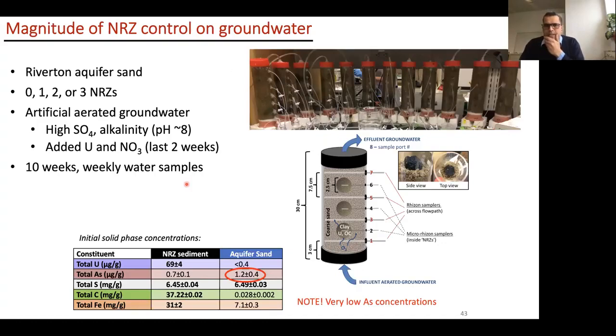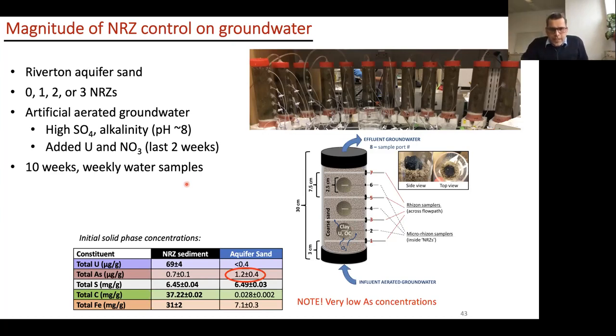So these are 12 columns, 3 control and others in triplicates with different variable conditions. And the column also allowed us to take samples in between, along the depth of the column, so we could see the transformation along the system.